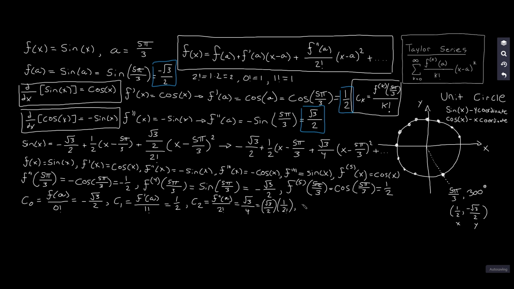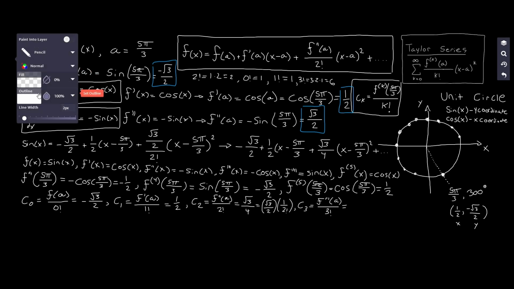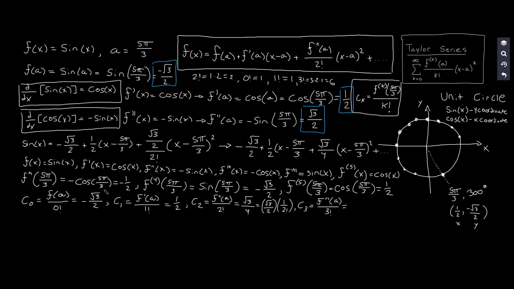We could do c sub 3, and that's going to be the third derivative of a over 3 factorial. Of course, 3 factorial is 3 times 2 times 1, which equals 6. For f triple prime of a, let me see what we found that to be, so we have our callouts ready.